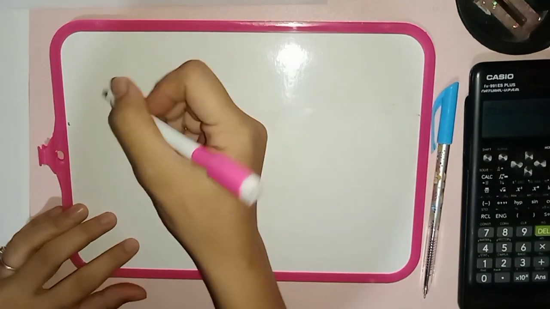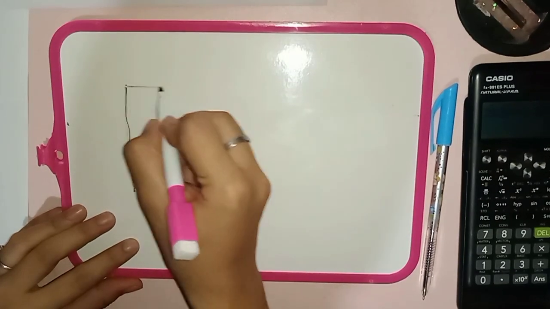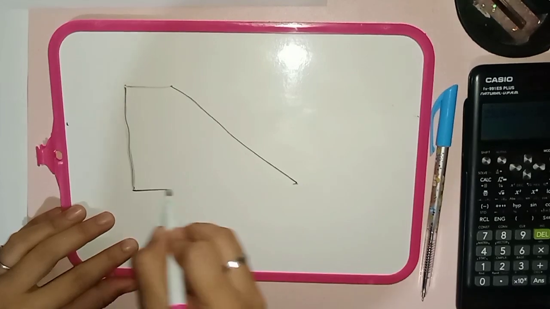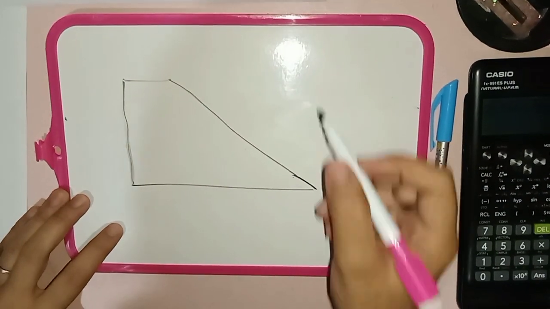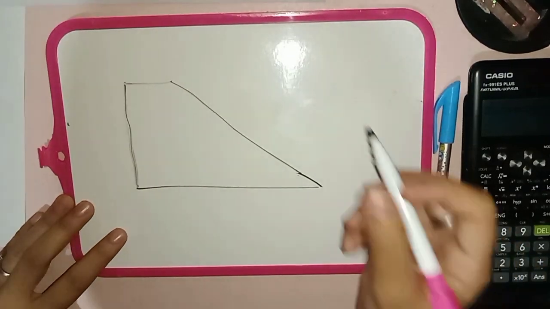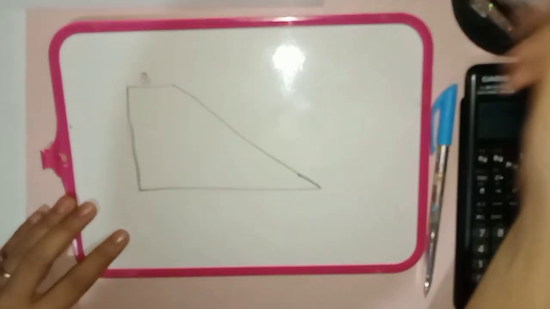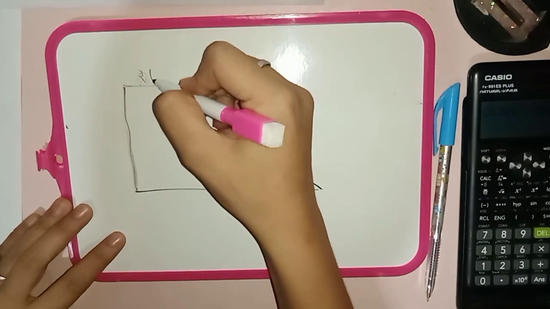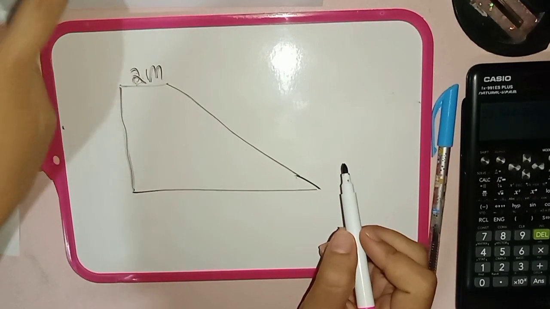A masonry dam has a trapezoidal cross-section with one face vertical and has a thickness of 2 meters at the top and 10 meters at the bottom.